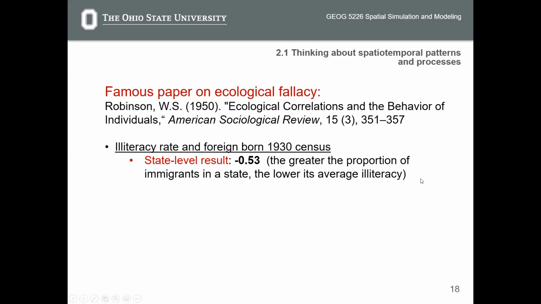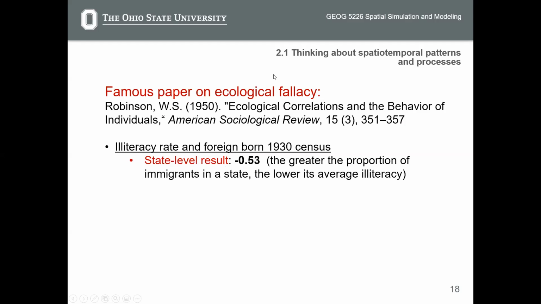if a state has a lot of immigrants, then the illiteracy of the state is low, which means that maybe these immigrants are all educated or they are more educated than local people. That is the conclusion you can draw from state level data.